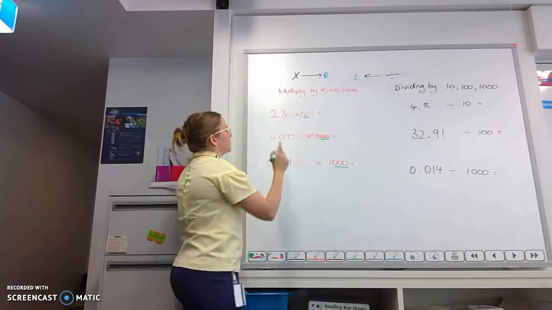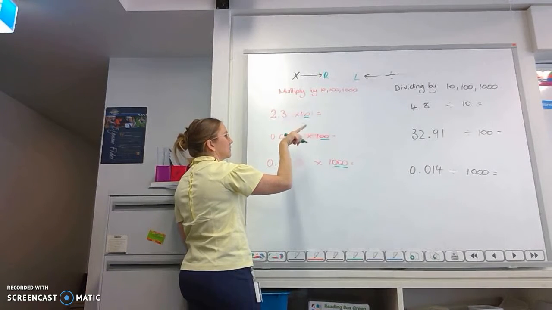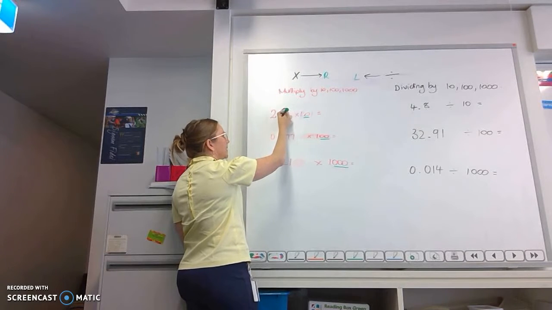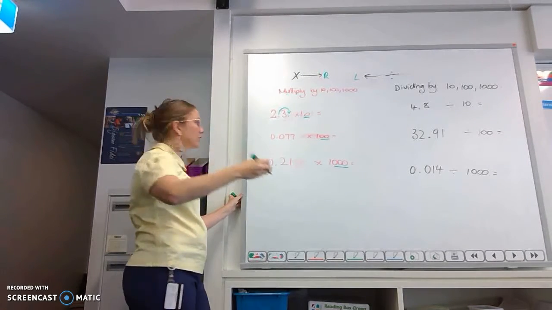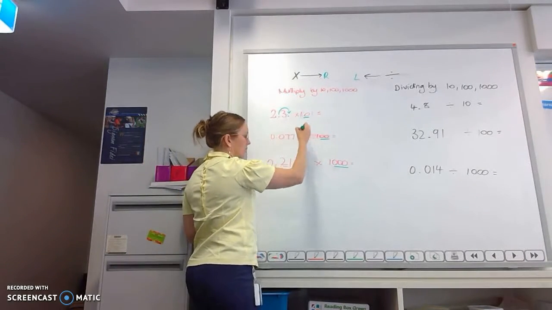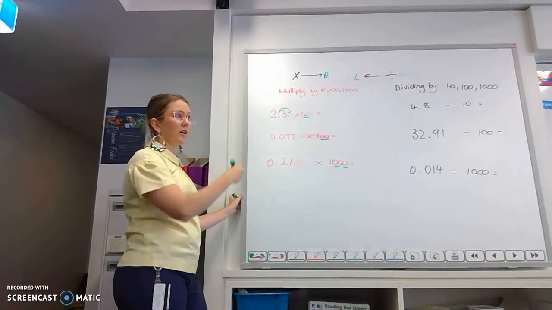I'm going to move my decimal place one place to the right, okay? Because I'm multiplying. That's going to make my number bigger. Now, I generally want you to do those arrows, I call them little umbrella arrows, in your working.